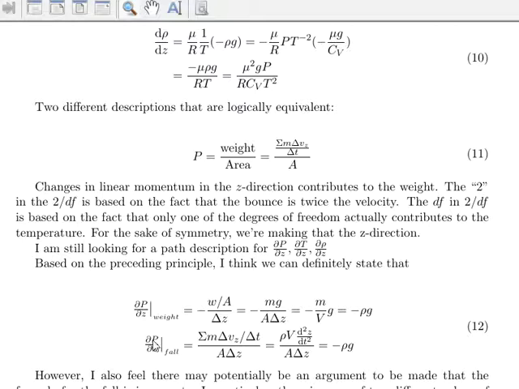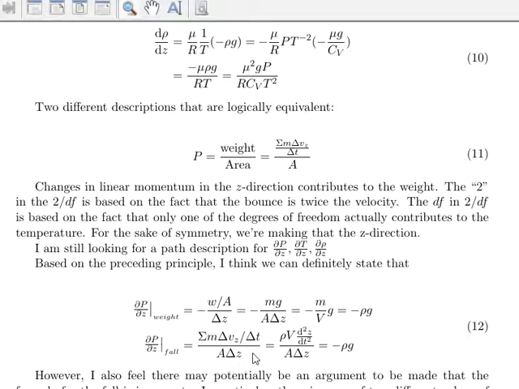But we can also get it from the falling principle because this m delta v sub z over delta t, I can just take that delta v sub z over delta t and turn it into a del squared z over del t squared. And then this sum of m is density times volume.